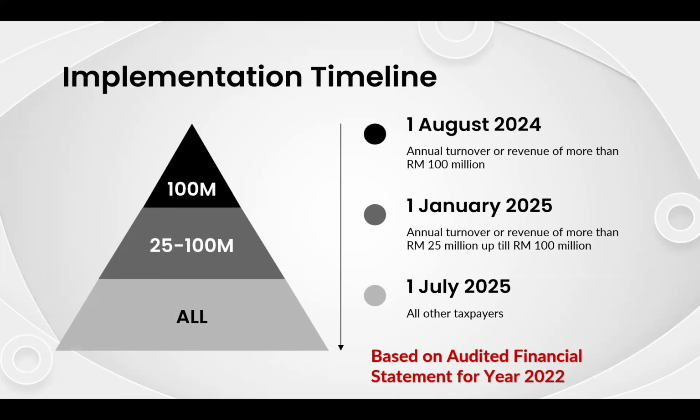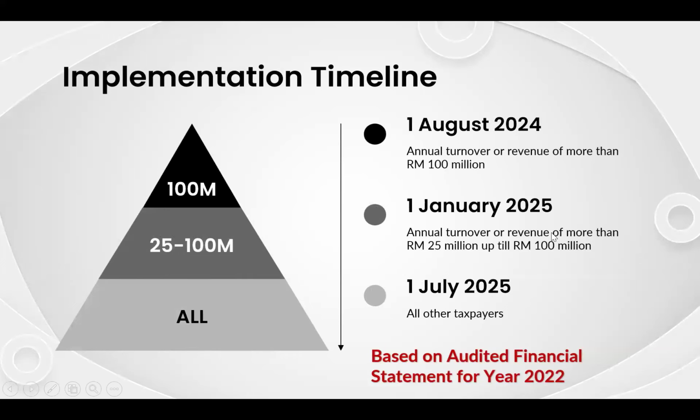Hopefully it won't be delayed. It's coming soon, because now it's already mid-May. The annual turnover for the first phase is 100 million and above. Those companies need to comply on 1st of August 2024.